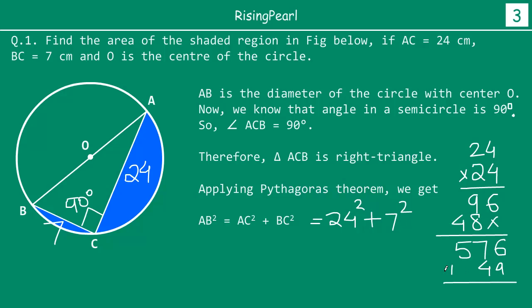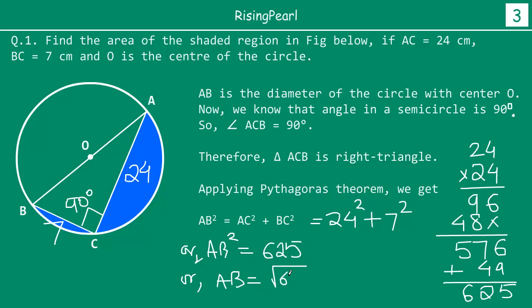So then if you add these two, it will come to 625. So AB square is 625. Now AB should be equal to square root of 625, which will be actually 25.